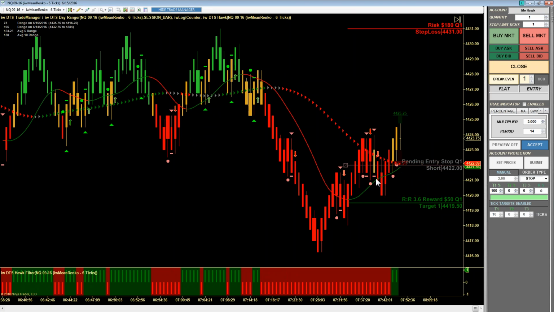Let's see if we can demonstrate a 4-arrow consolidation. It would be nice if it broke down here. We could get a decent move perhaps back to the lows, perhaps even lower.